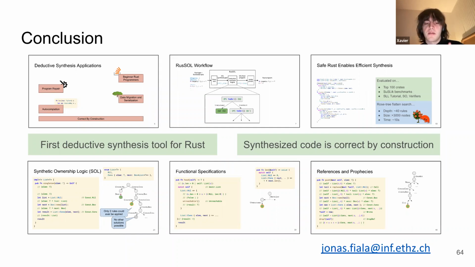And if nobody else has any other questions, I have a few very short follow-ups. I was wondering, could you flip the usage of RusSOL around a bit to, for example, help in verification? Could you get RusSOL to infer a loop invariant for you, or rather than for the program, infer parts of a specification?